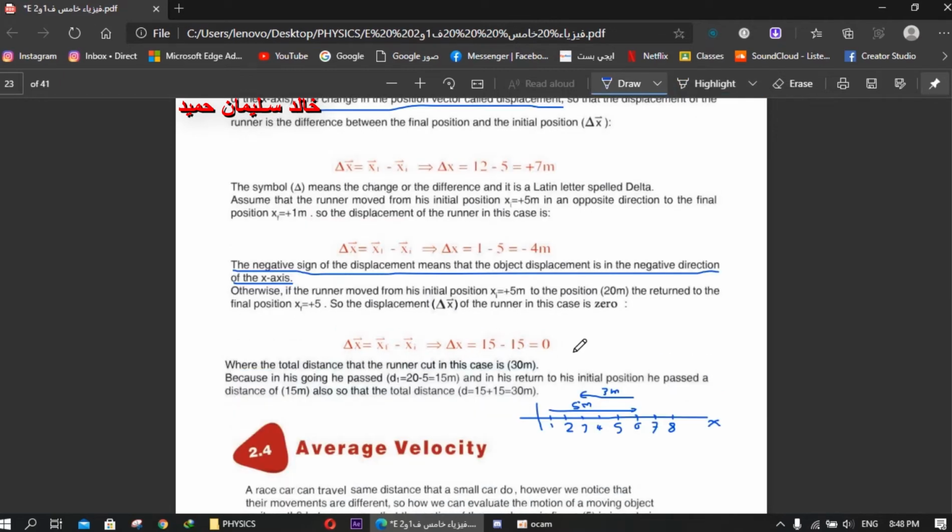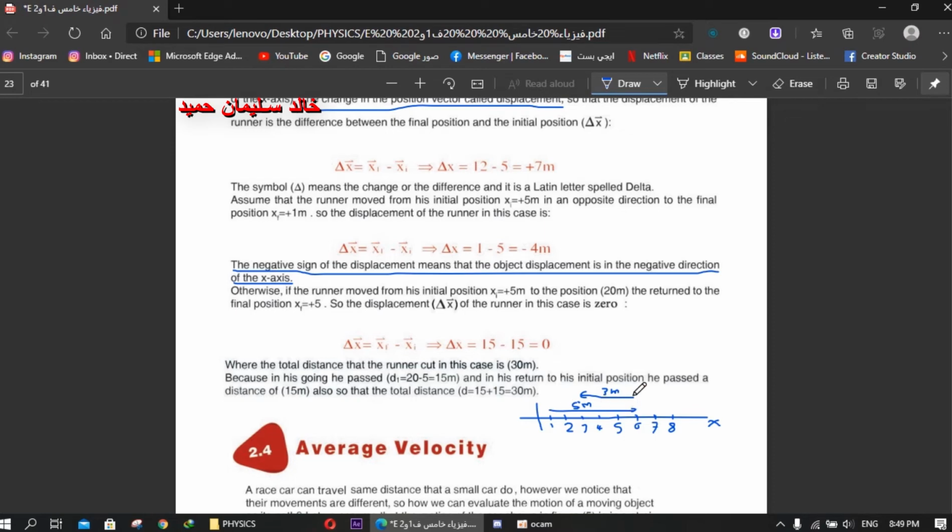Now to understand the difference between the displacement and the distance, assume we have an object at initial position 1 meter, then moved to the position 6 meter. Then the displacement is 6 minus 1, which is 5 meter. This is 5 meter.